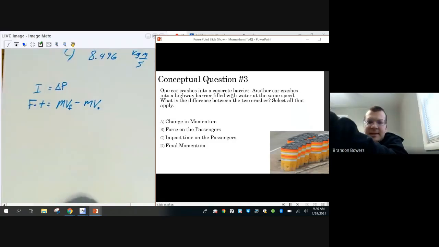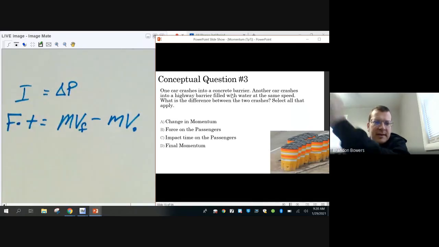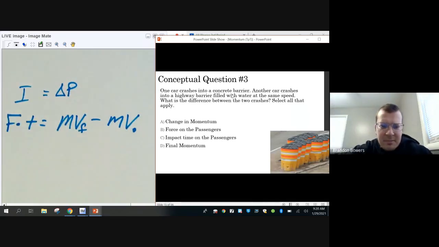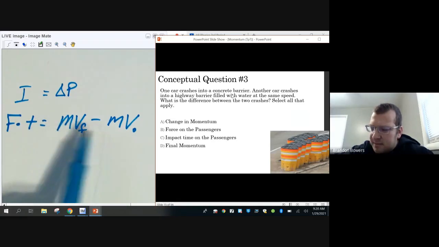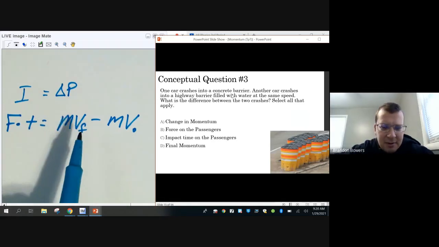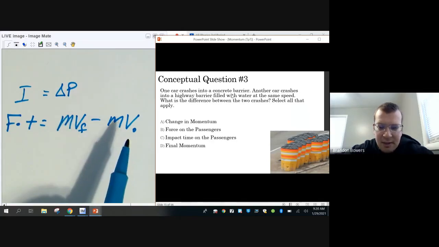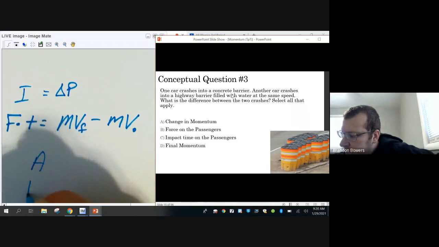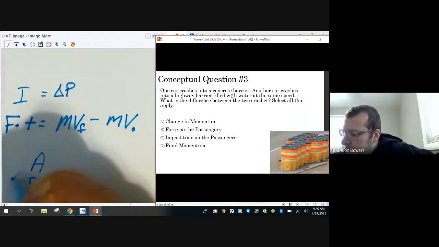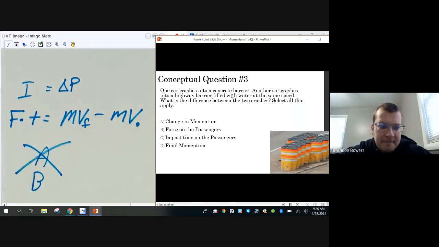So if we think about this equation while trying to solve this, A, change in momentum. Well, the mass of the car will never change. My final velocity is going to be 0 either way, and my initial velocity going into it is the same. So my change in momentum is not an answer. I know it can't be A.